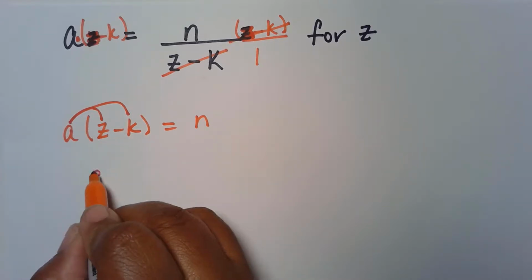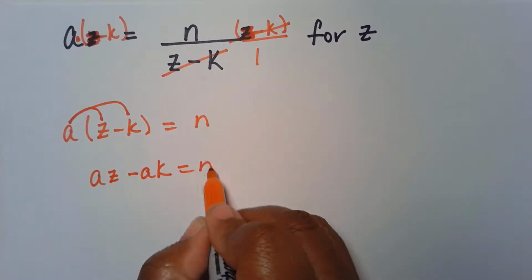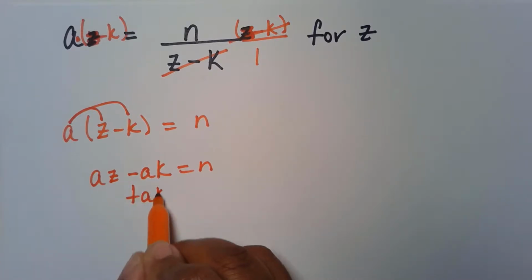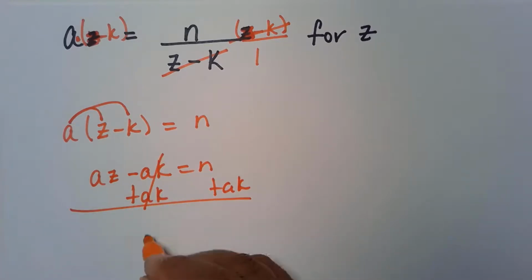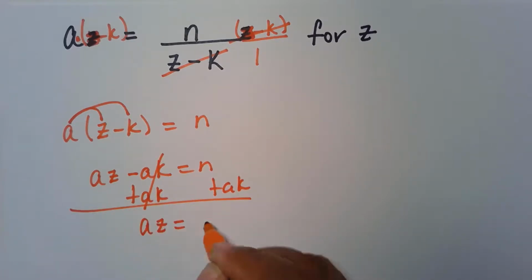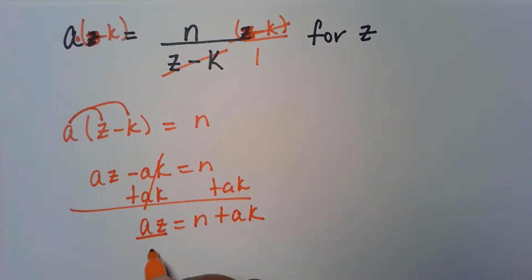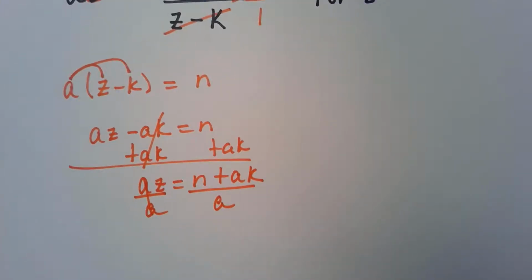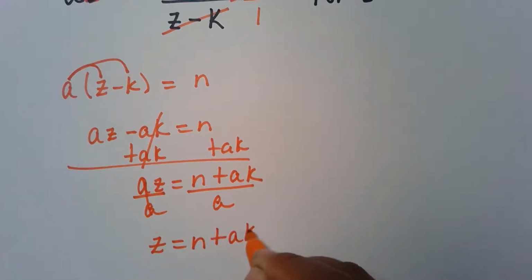So we have AZ minus AK equals N, and let's solve for Z. We're going to add AK to both sides. We have AZ is equal to N plus AK, and then the last step is to divide by A. And we have Z is equal to N plus AK all over A.